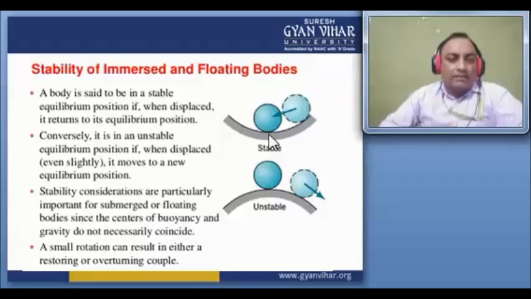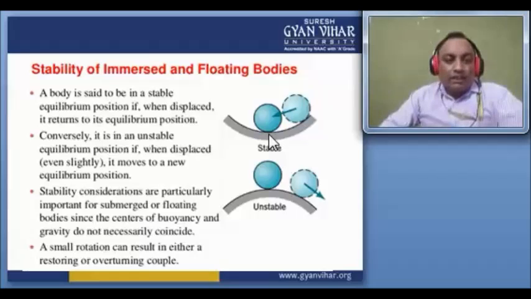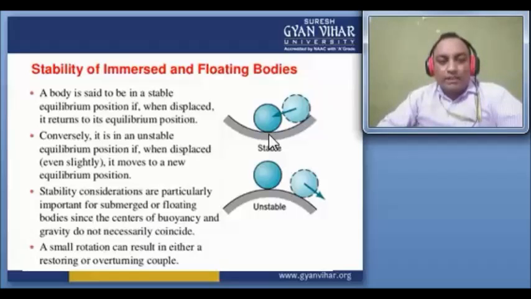and stability considerations are particularly important for submerged and floating bodies, since the center of buoyancy and the center of gravity do not necessarily coincide. For this case, a small rotation can result in either a restoring or overturning couple.